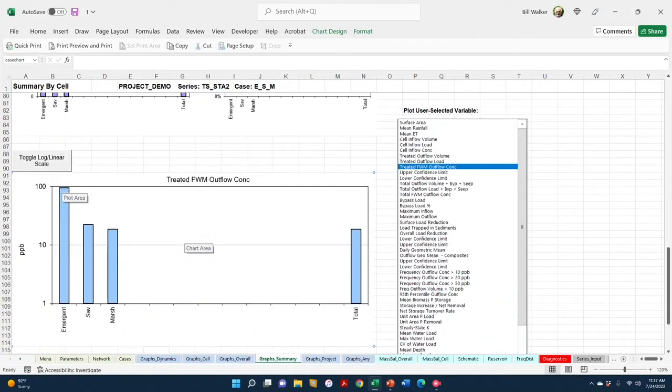So here the marsh is putting out slightly lower concentrations, and yeah, so it's putting out what, 19 versus, yeah.